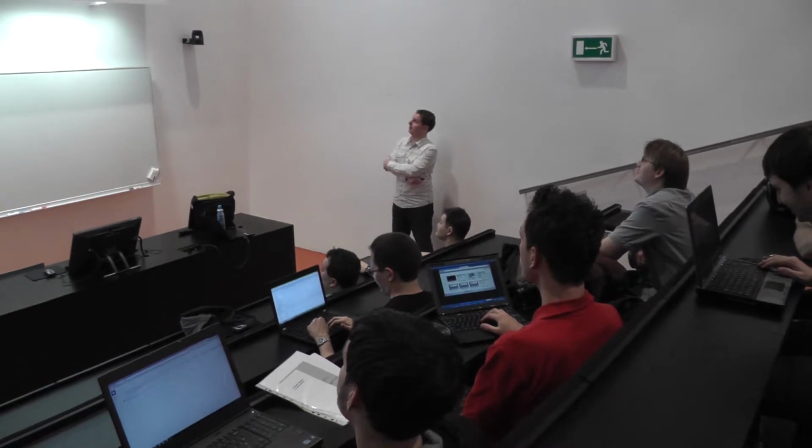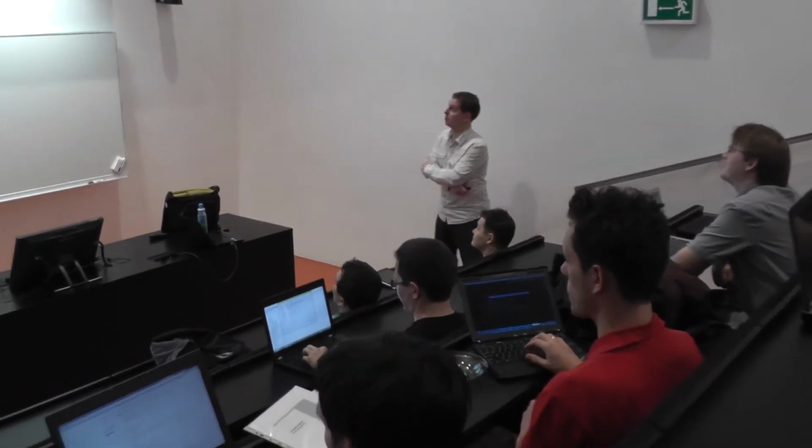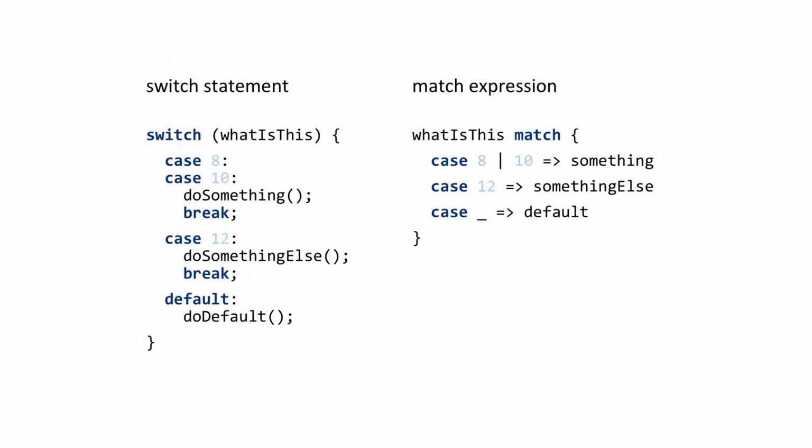So, pattern matching, as I said, is a very powerful concept, and I'm showing you its very simple use, which is similar to a switch statement in Java. On the left side, you have a switch statement. On the right side, it's a match expression written in Scala, which is equivalent code.